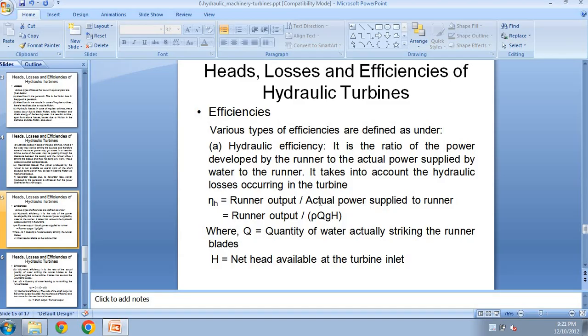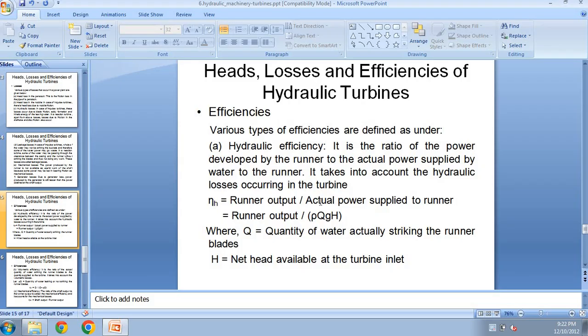So when you consider losses at the different stages, and you compare the transformation of the input energy to the output energy, along with these hydraulic losses, then it is called efficiency.